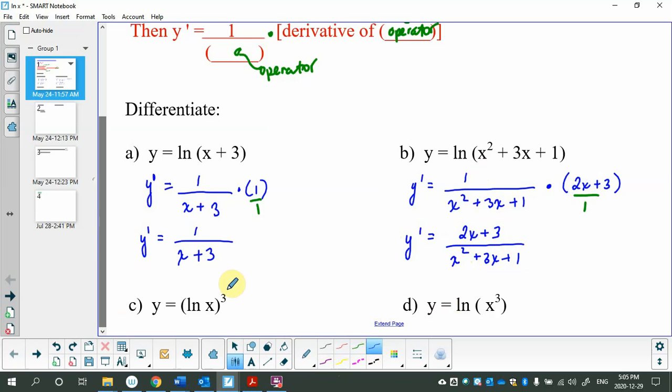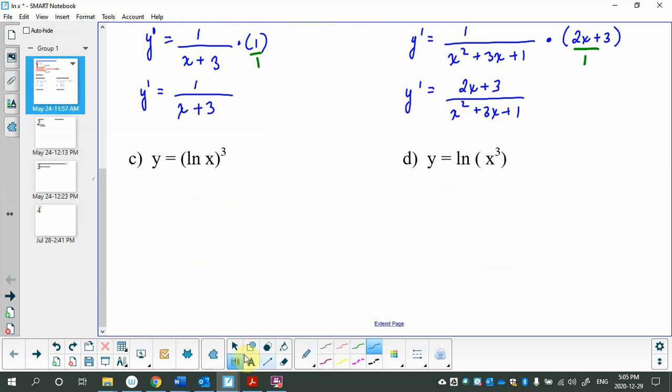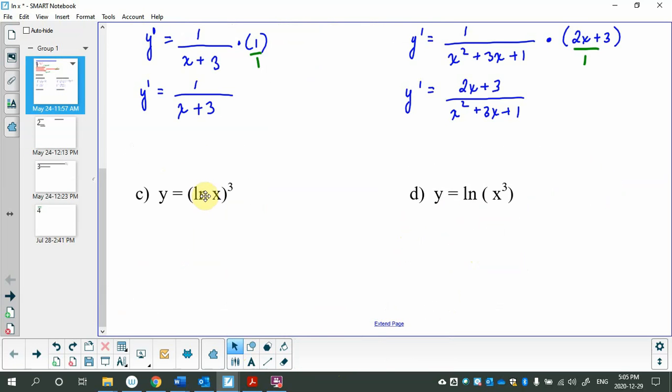And of course, it's not always that easy. The reason is because we've got all those rules that we have to worry about from the first unit, meaning you have to worry about the chain rule and the product rule and the quotient rule if they come up. So the next questions, I want to deal with them kind of at the same time.